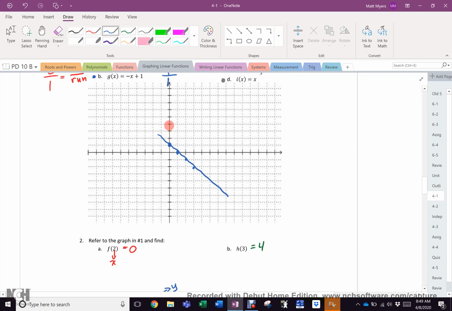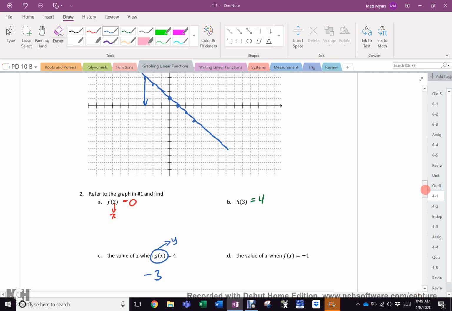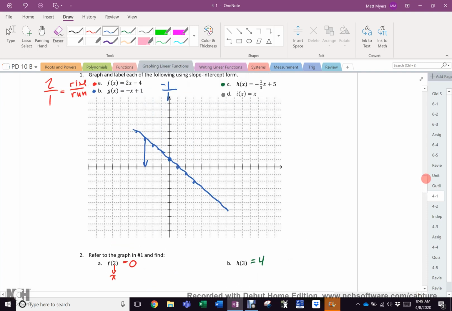So 1, 2, 3, 4. I've got to look for it up here. So I got to bring my line along. 1, 2, 3, 4. There it is, right there. -3.